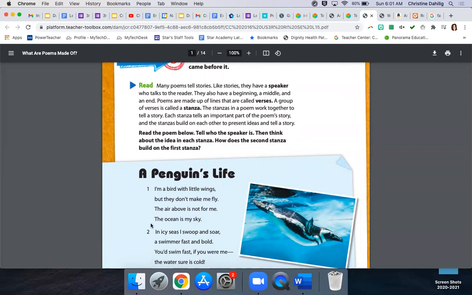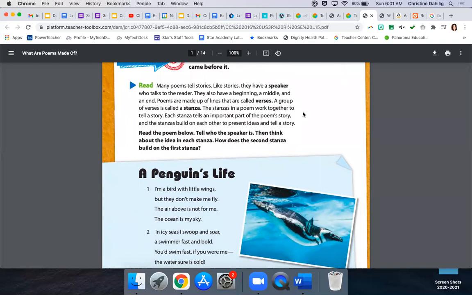So I'd like you to think of a stanza as like a poem paragraph. Okay? The stanzas in a poem work together to tell a story. Each stanza tells an important part of the poem story, and the stanzas build on each other to present ideas and tell a story.